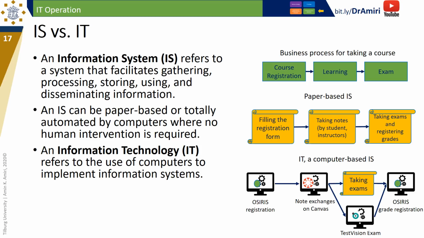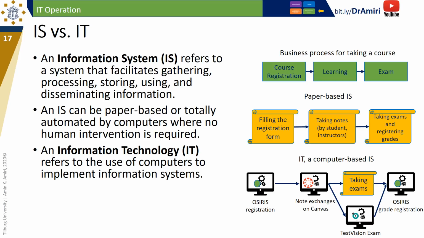So this business process can be fully supported by papers, but these days we use computers to support these activities. Nowadays at Tilburg University, students use Osiris to register for the course. It's a website. Then students and teachers exchange assignments, deliverables, presentations using Canvas, another application, and then exams are held either on papers or the students can take them using a system called Test Vision.